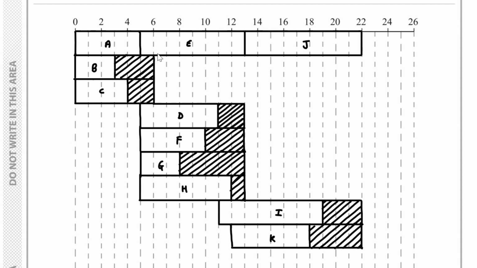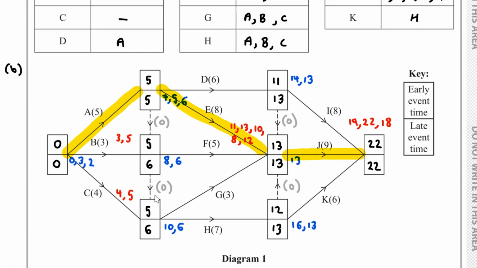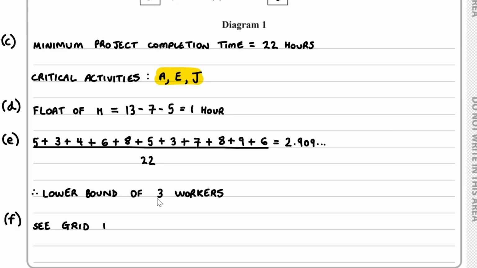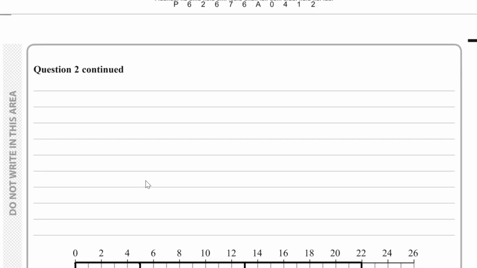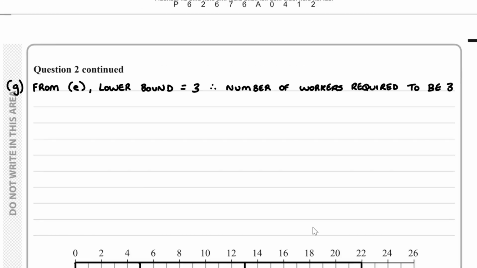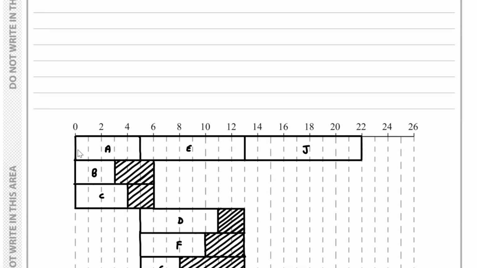So after A is completed, D, F, G, and H, and E must be happening, okay? And if we go back to part E of the question, we calculate the lower bound to be 3 workers. So let's just write down some of this information. So from E, we found the lower bound to be 3, and therefore the number of workers required is to be 3. Now, of course, A is critical.